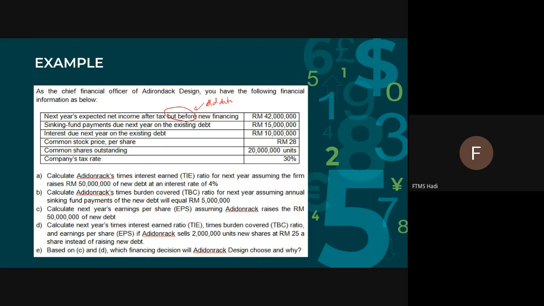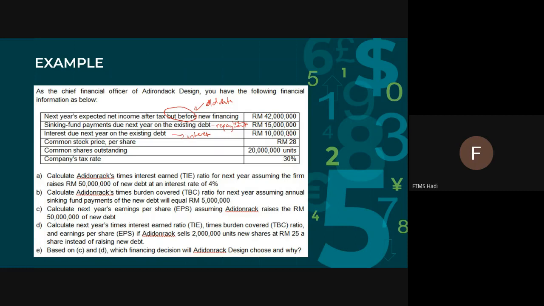Because they have existing debt, they need to stand by money to repay the loan for next year. The third one, interest due next year on the existing debt. Earlier we talked about loan repayment, and this one is the interest.